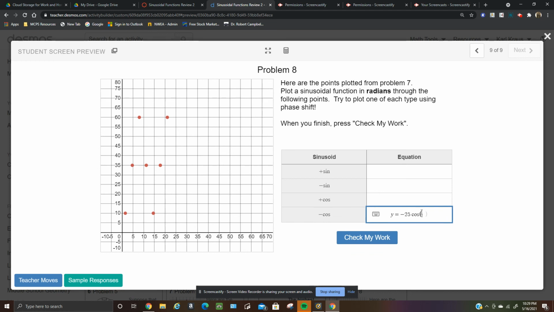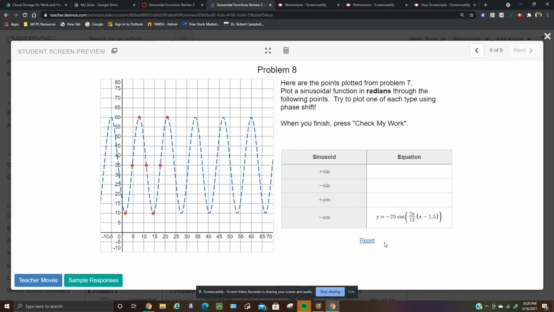Good type here. 2 pi over 13, x minus 1.5, and plus 35. And then check.